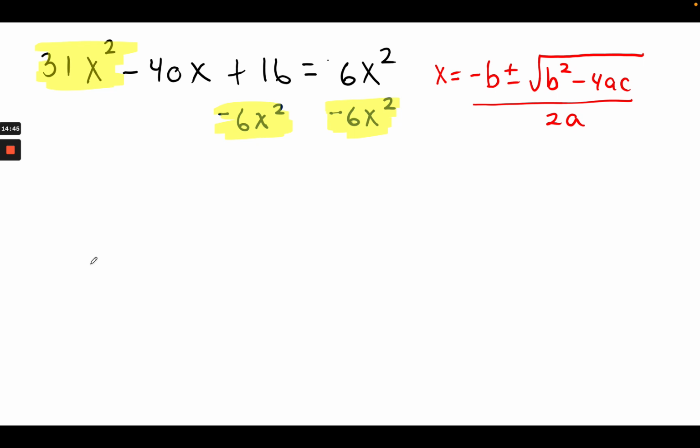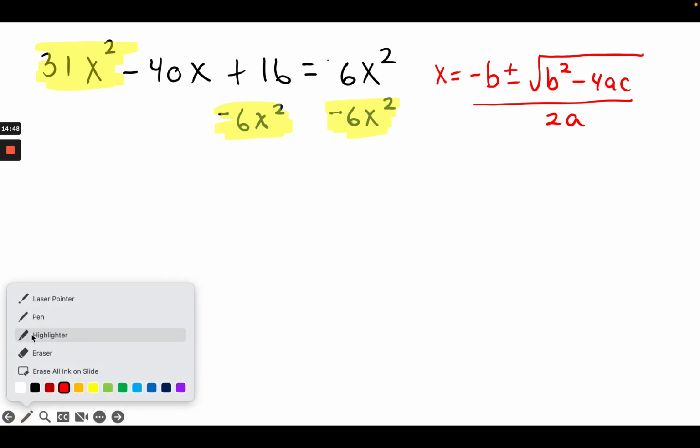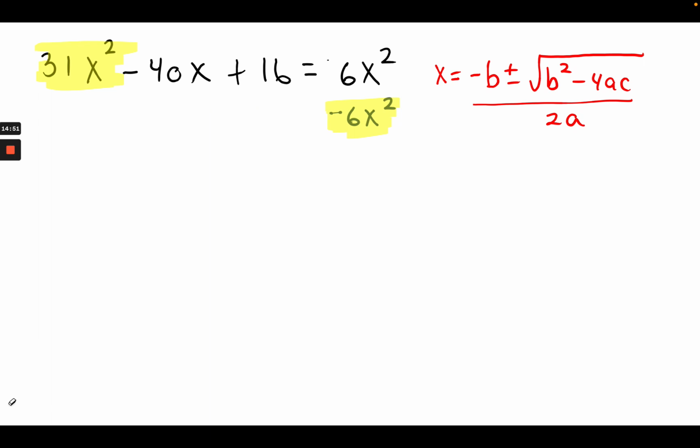So we're going to do 31x squared. Let me try and fix this so it'll make more sense to you. I'm going to do it this way. 31x squared, I'm going to subtract the 6x squared over here. So 31x squared minus 6x squared gives me 25x squared. So we have 25x squared minus 40x plus 16 equals 0.